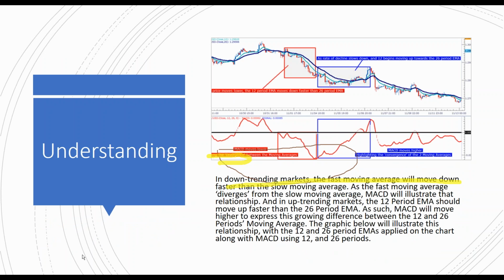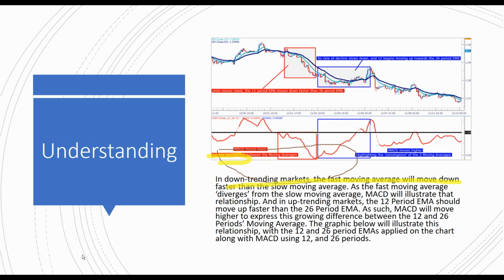In a downtrending market, the fast-moving average will move down faster than the slow-moving average. So in other words, if you have a very fast-moving market, your shorter period moving average will move more quickly than your 26. Because imagine when you're using 26 periods and the market just started moving in the last 8 periods, the 12-period moving average is going to move a lot faster than the 26.